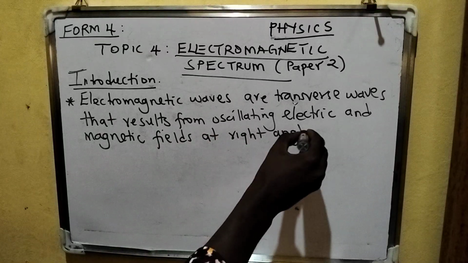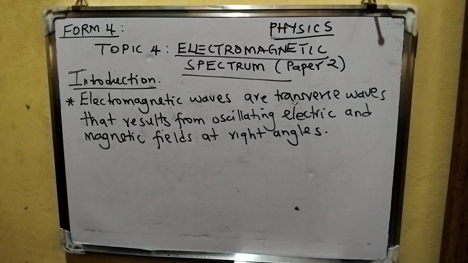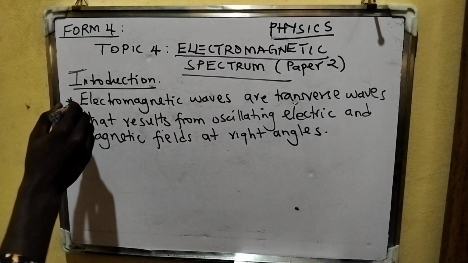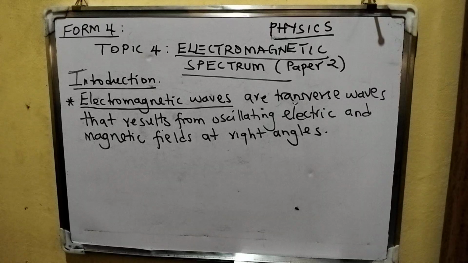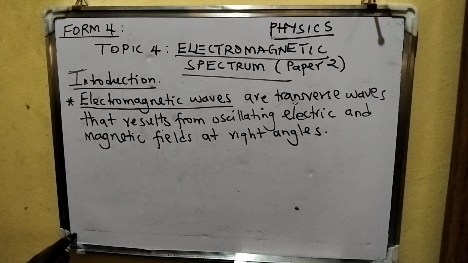So we are defining electromagnetic waves as waves that originate from oscillating electric and magnetic fields at right angles with each other.